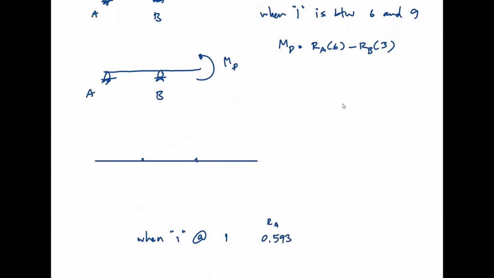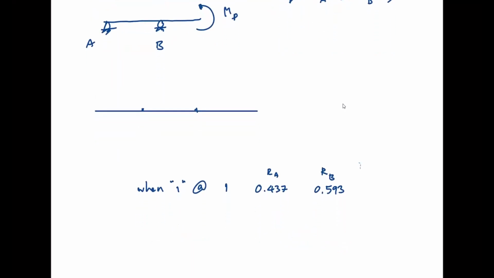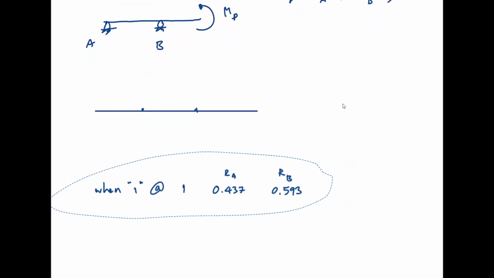RA is how much? 0.593, right? RB is the... actually no, that's RB. Okay. Right. It's pretty tricky. RA is 0.437. Okay. And just maybe to make our life a little easier, I should put X in here as well.